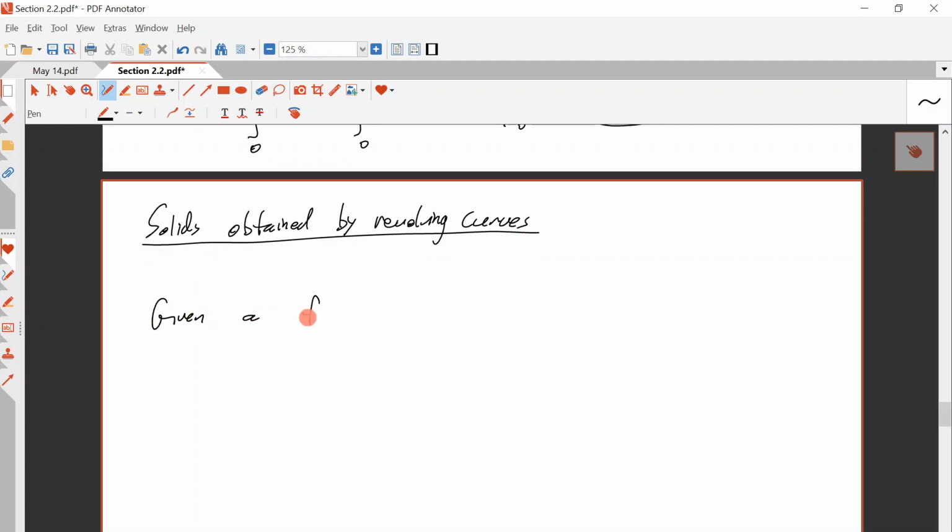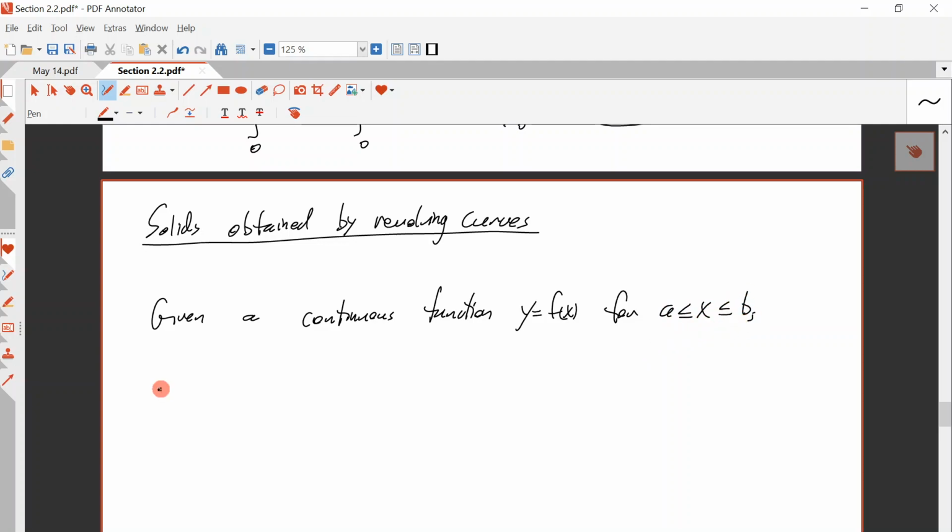Given a function y equals f of x, a continuous function, y equals f of x for a less than or equal to x less than or equal to b.